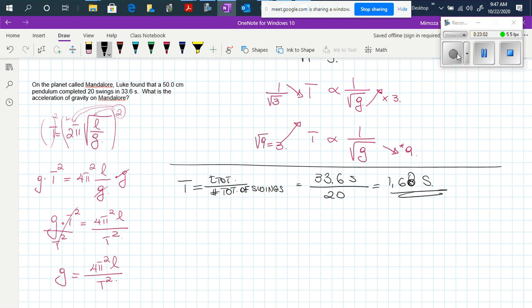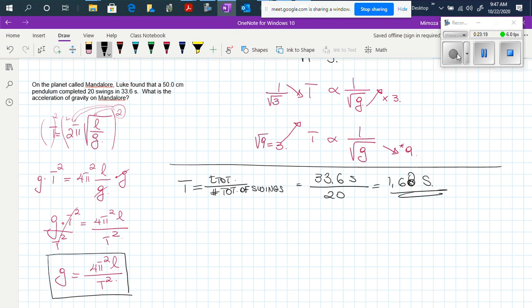Now you can choose to use this formula to do those transformations, those manipulations that I did here, and then substitute T and substitute the length converted into meters.